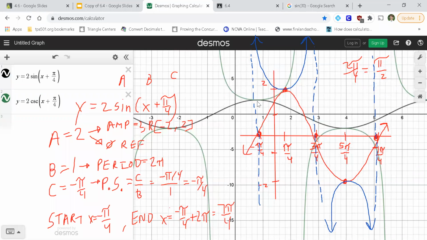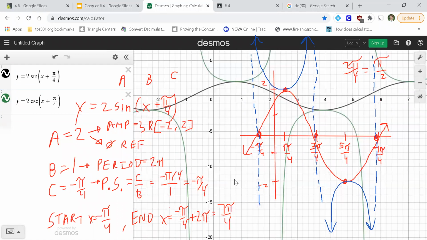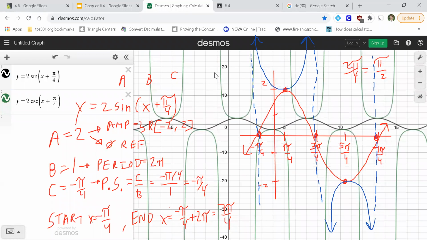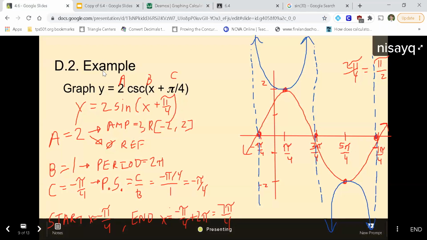So we really did have max and min points at pi over 4, 2 and 5 pi over 4, -2. All righty. Notice that they don't have the asymptotes in here, but if you, again, draw them in yourself, you could check and make sure.